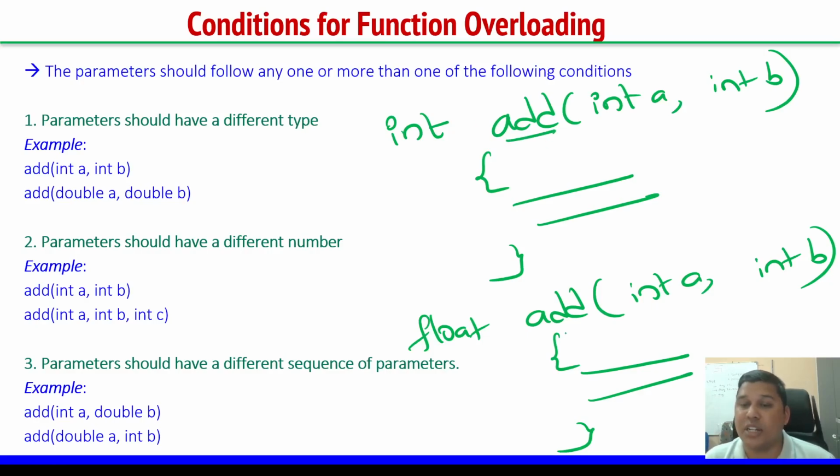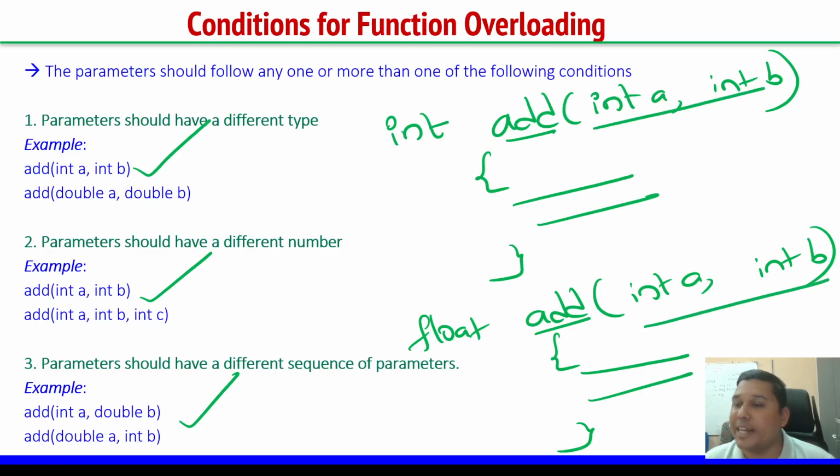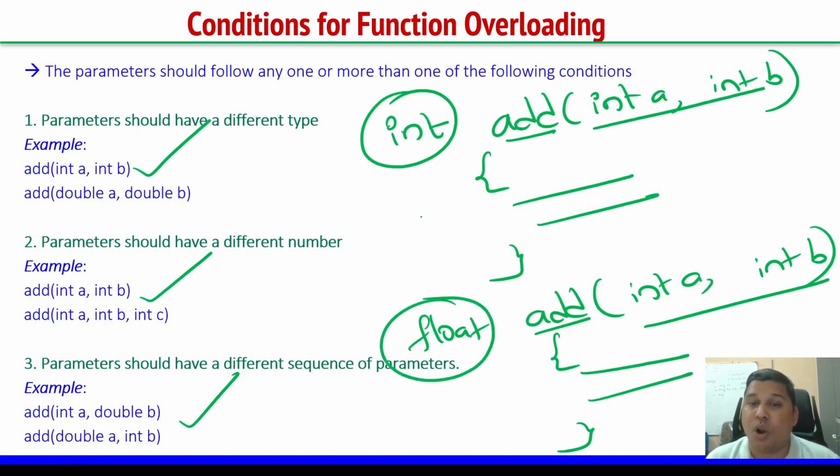The name of the function is the same. When the function name is the same, the parameters should differ in data type, in the count of arguments, or in the sequence. But here I gave int a, int b, and here also int a, int b, while the return type is different, int and float. Can we call this function overloading or not? That is my question.